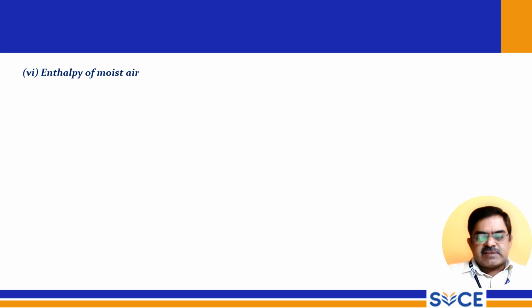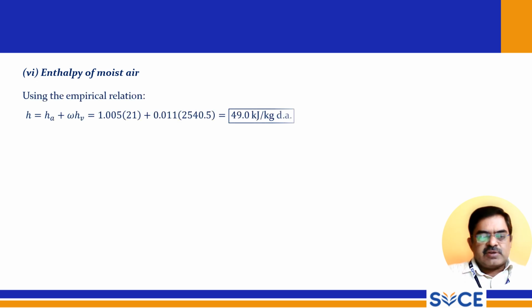Next, the sixth parameter, enthalpy of moist air. Using this relation, H is equal to HA plus omega HV, equal to 1.005 into 21 plus 0.011 into 2540.5. So that is equal to 49 kilojoules per kg of dry air.